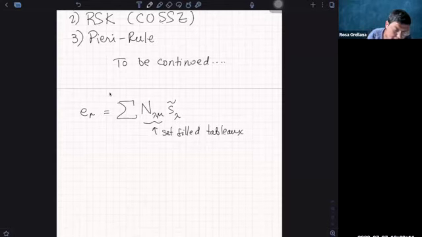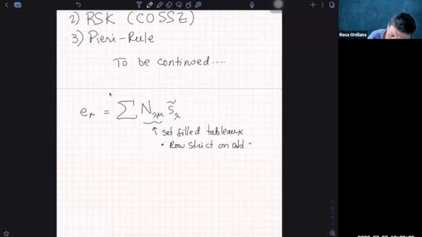And one of the conditions is that it was row strict on odd sets, and it was column strict on even sets, right?